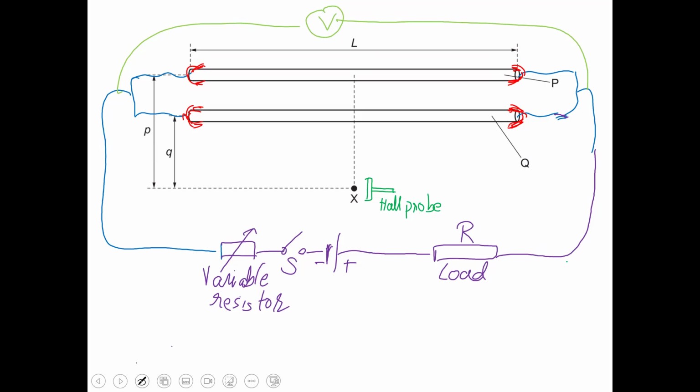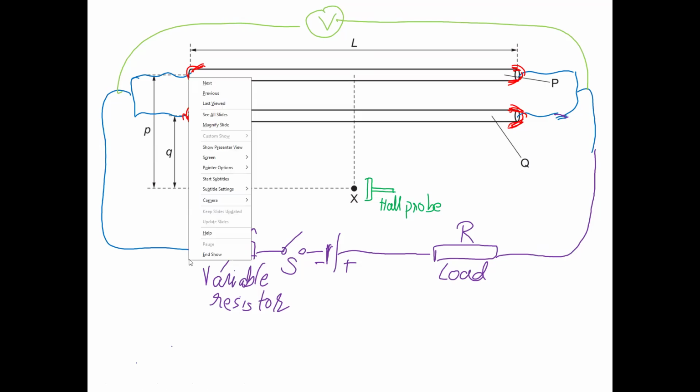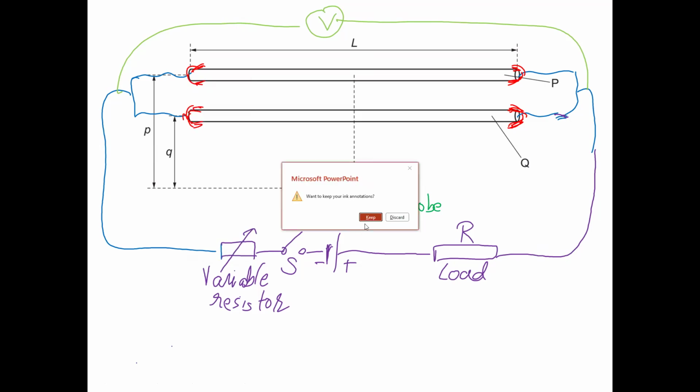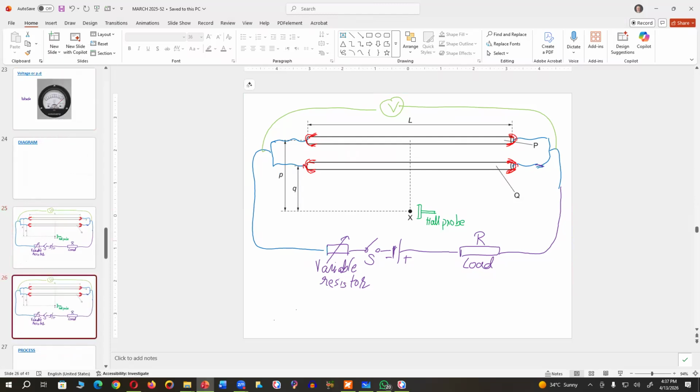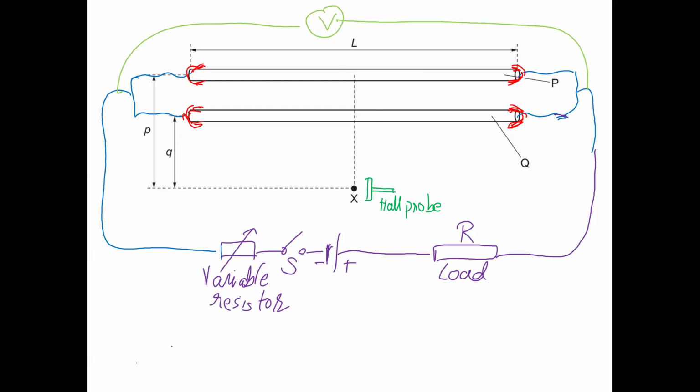You can show a meter rule with position P and position Q. Why can you show a meter rule there? Because the meter rule will be used to measure the length.